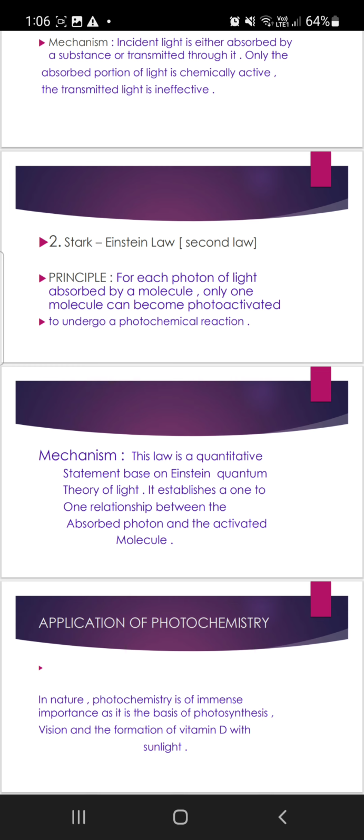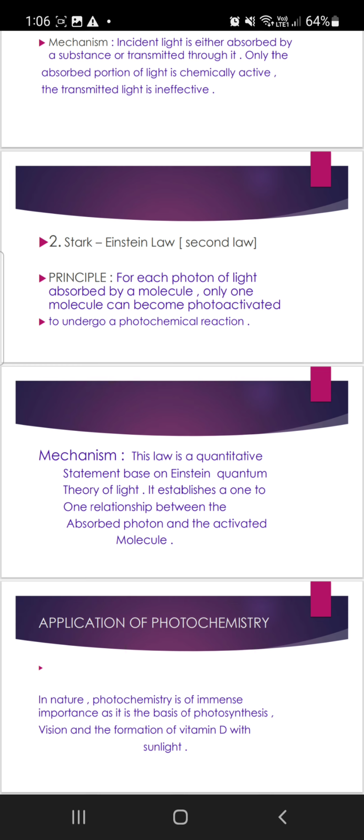That is, only the molecule that absorbs the photon of light is activated for a photochemical reaction. So it is a one-to-one relationship between an absorbed photon and the molecule that absorbed it, that is the activated molecule. This is the mechanism of the second law, the Stark-Einstein law.